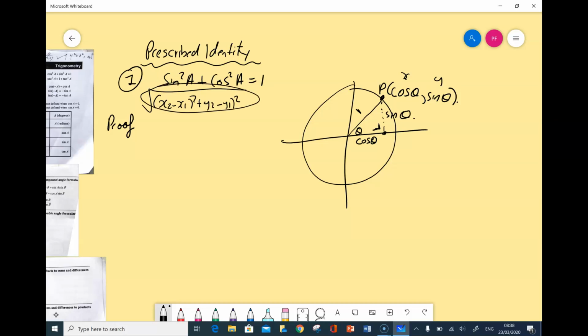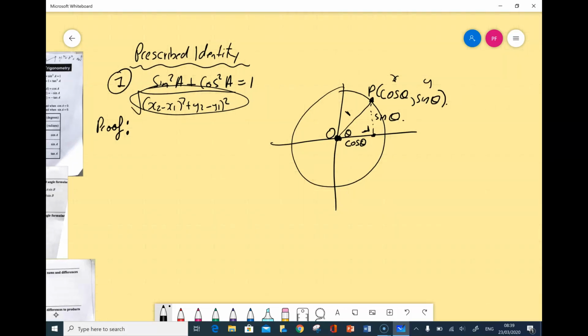So what we're going to do is find the distance from the point O here, the origin, to the point P. So for the proof here, we're going to use the square root of these 2 points. My first point O is 0, 0, and P is cos theta, sine theta. Okay, we call them x1, y1, x2, y2.